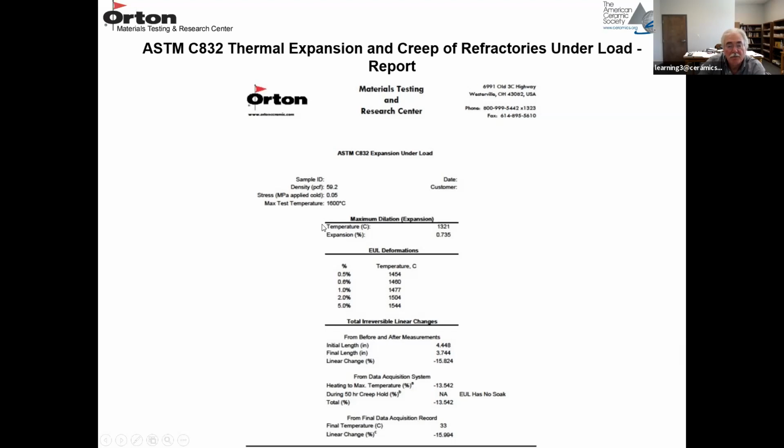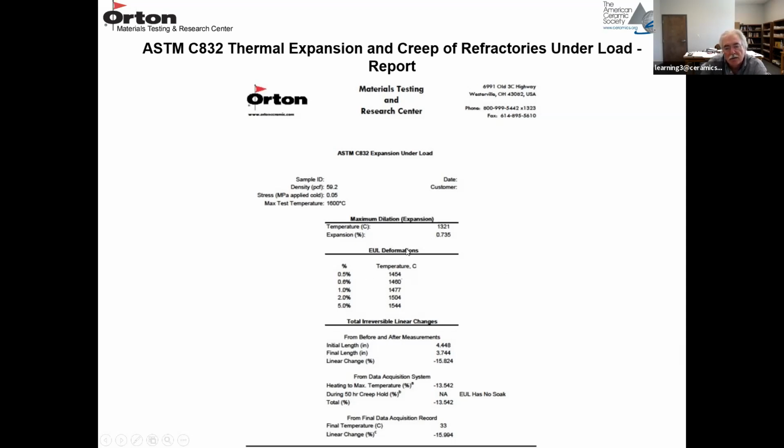That should be 25 psi, and it was run up to 1600 degrees C. So at this temperature, 1321 on the way up to 1600, the expansion was 0.735. That was the maximum dilation temperature. So after that temperature, the sample started to decrease in length.